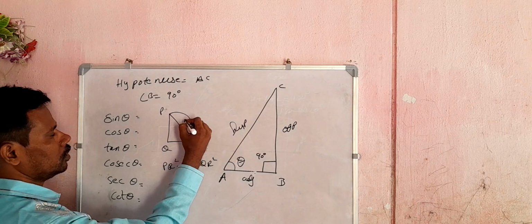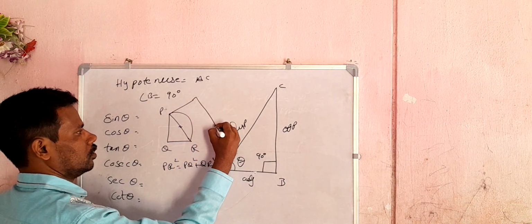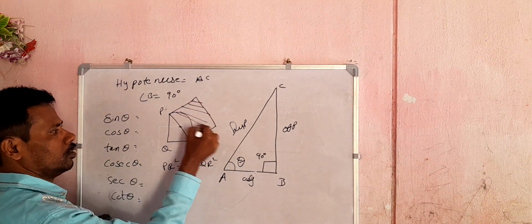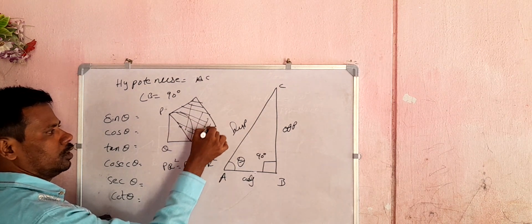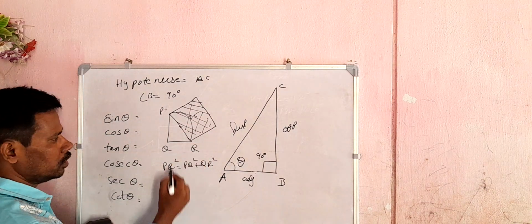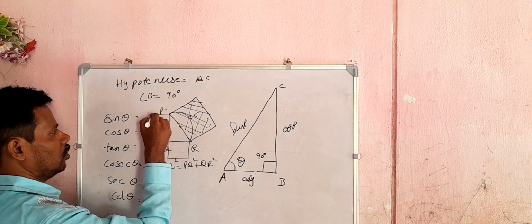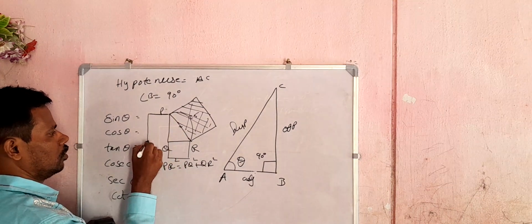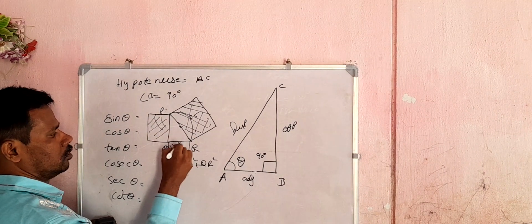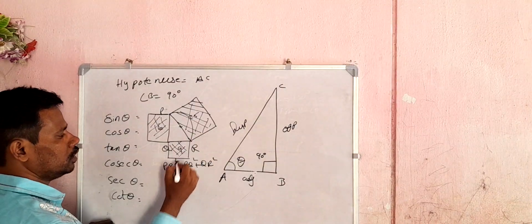Suppose it is a square, like this. The square on the hypotenuse is equal to, when you add this, say this is 25, equal to say this is 16, say this is 9.